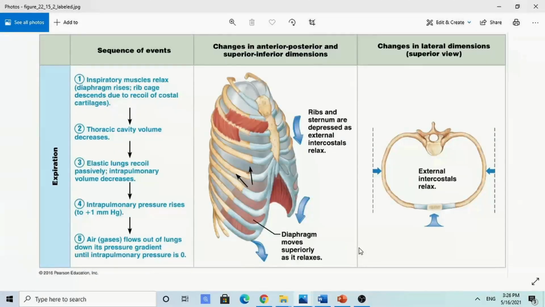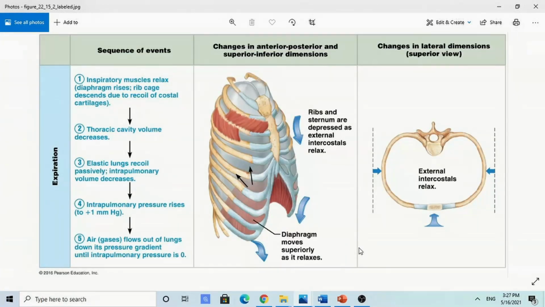How about during forced expiration? That means if we have been exercising, or while we are exercising, while we are running. In that case, in addition to the recoil of the elastic tissue within the lungs, and in addition to the relaxation of the diaphragm assuming dome shape and pushing upwards, abdominal muscles and internal intercostal muscles are involved.